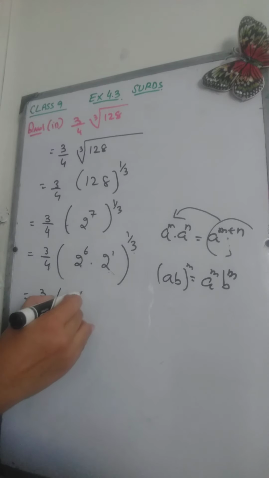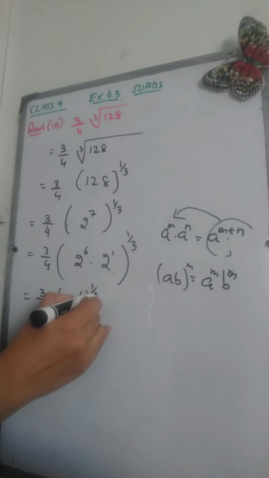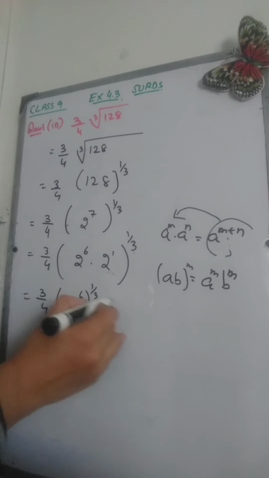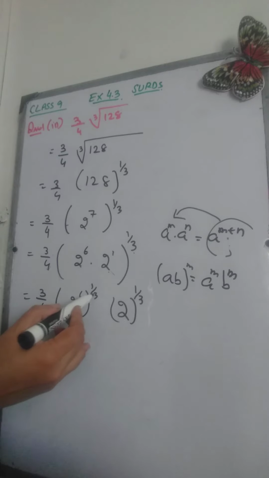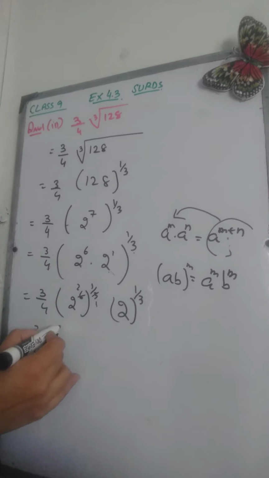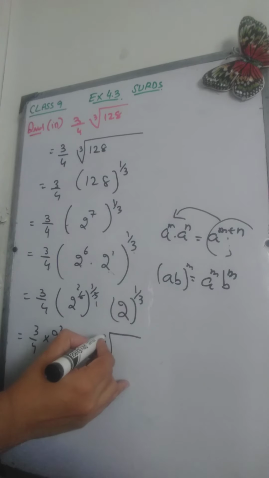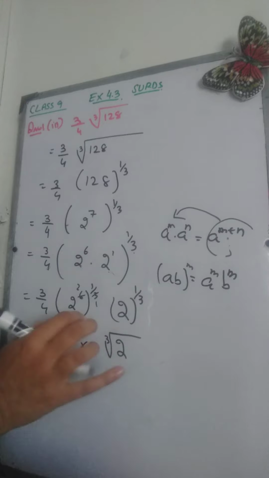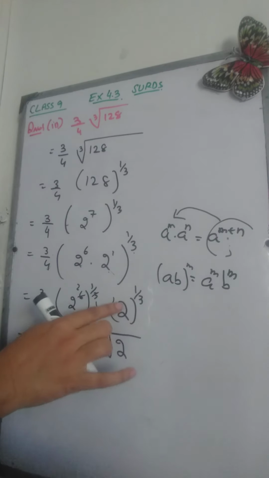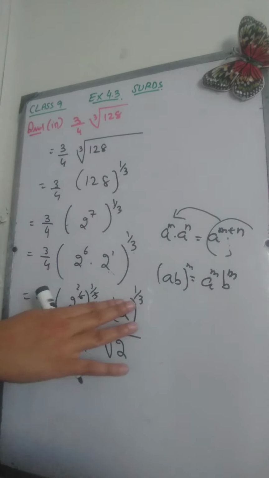So it will be applied on 2 raised to power 6 also, and it will also be applied on 2. As you may see, the powers will be multiplied, and we get 2 raised to power 2. Over here, the 2 will remain under the radical sign because we don't have any power of 2 which is divisible by 3, so it will remain as it is.